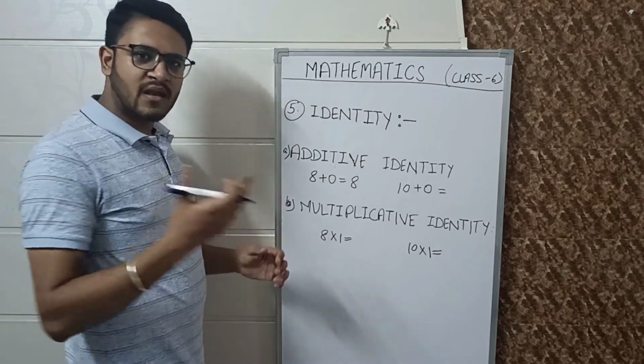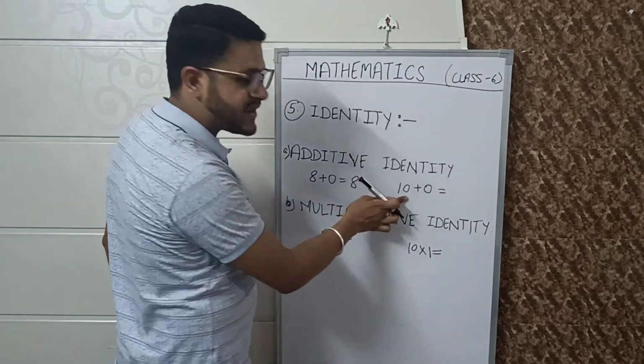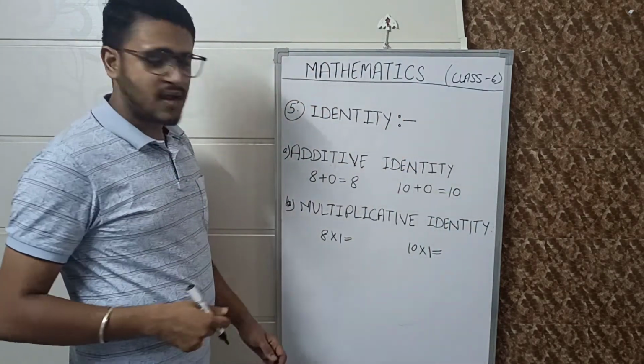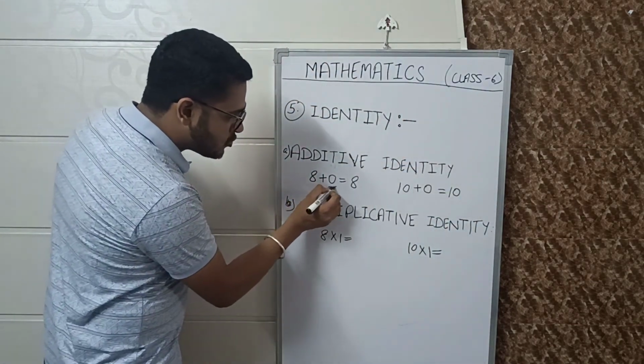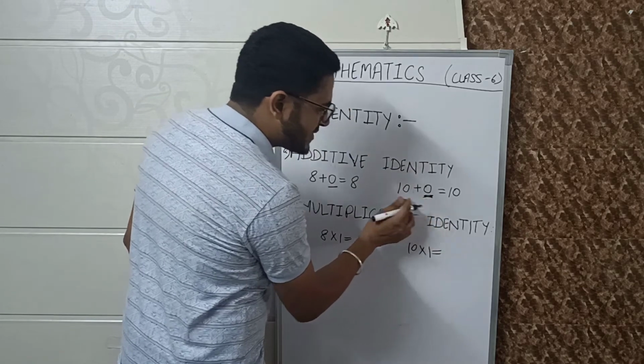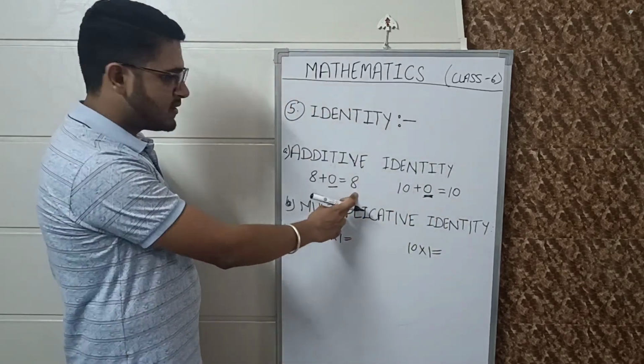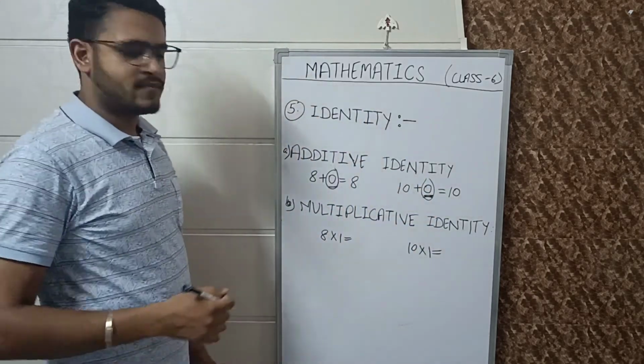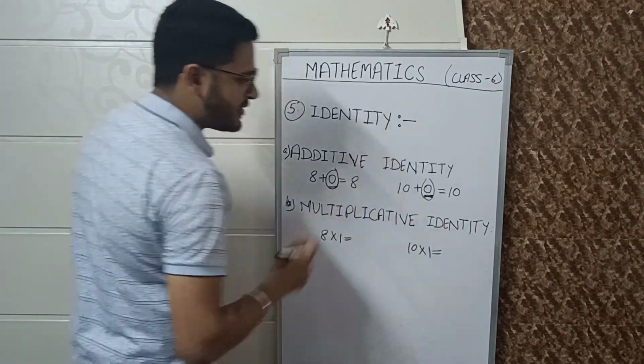Similarly, we can talk about any whole number. Let's say we take 10 and add 0 to it. What will be the answer? 10, right? So whenever we add 0 to any number, we get the same number. So 0 is the additive identity. Similarly, multiplicative identity.